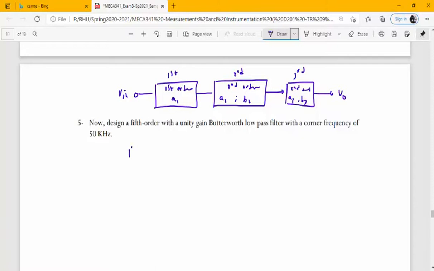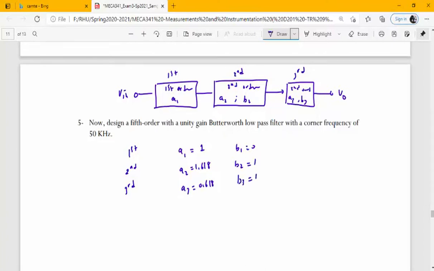The first filter has A1 equal to 1 and B1 equal to 0. The second filter has A2 equal to 1.6 from the table, and B2 equal to 1. The third filter has A3 equal to 0.618, and B3 equal to 1.